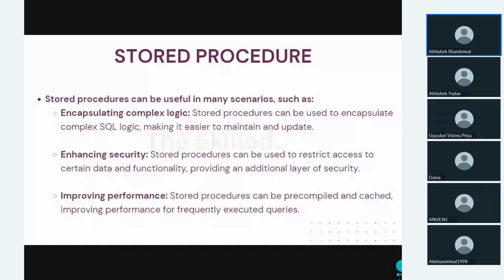How does it help in improving the performance? If you create a logic with, say, 10 lines of code, and you execute this stored procedure, SQL Server is so intelligent that it will save the query map of this particular stored procedure. By query map I mean the most efficient way of running that particular set of queries.